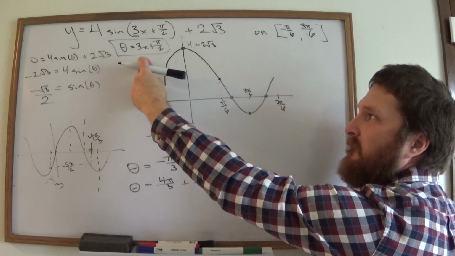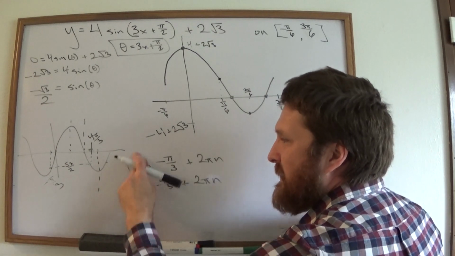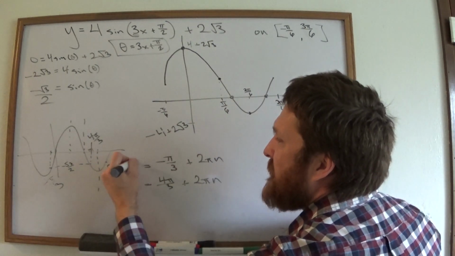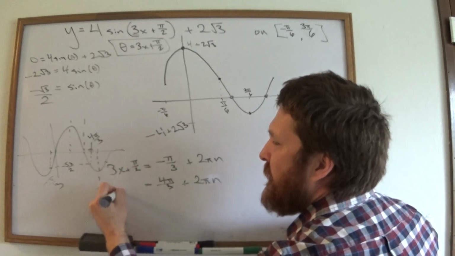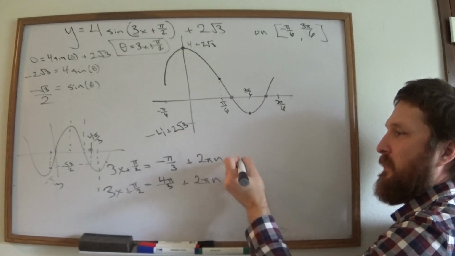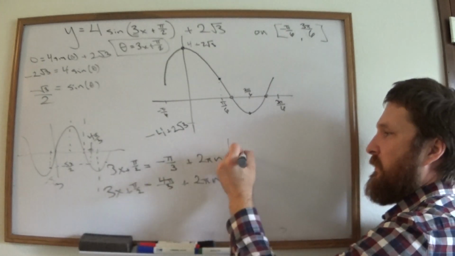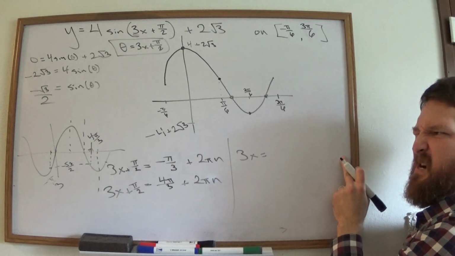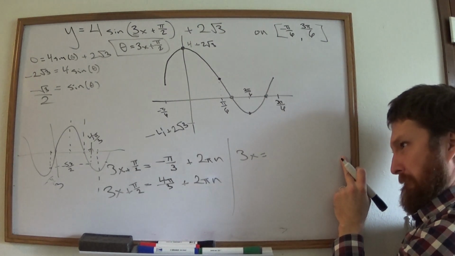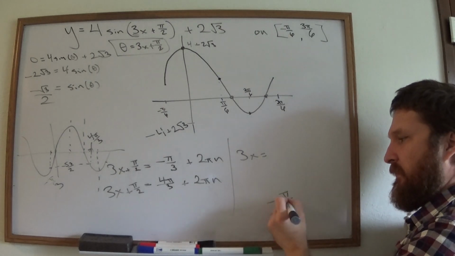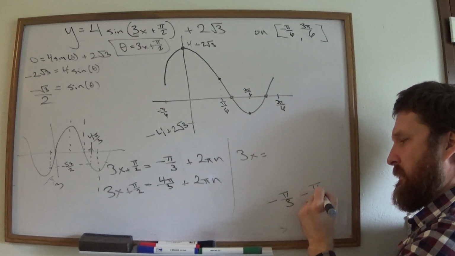So I'm going to replace this and say it's not theta, it's 3x plus pi over 2. So subtract pi over 2 from each of those, and that gives you 3x is equal to what? Negative pi over 3 minus pi over 2.